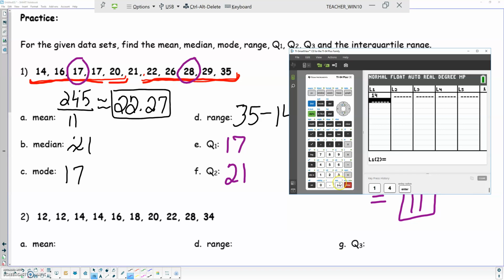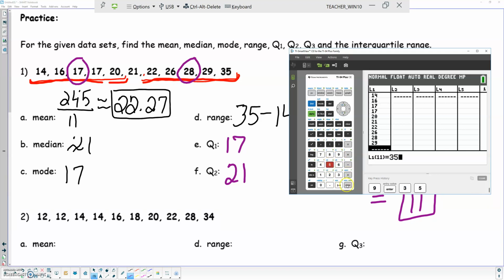So we got 14, 16, 17, 17, 20, 21, 22, 26, 28, 29, and 35.